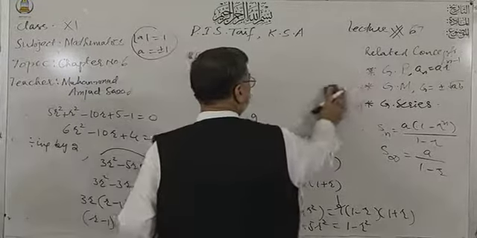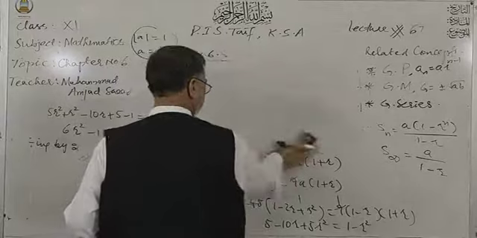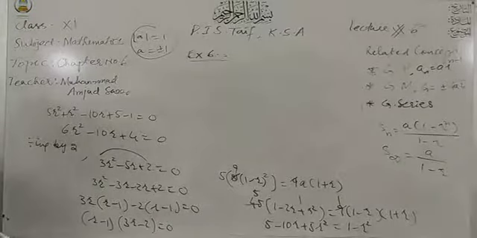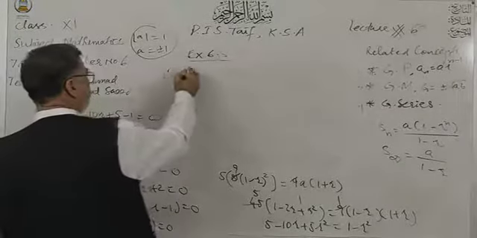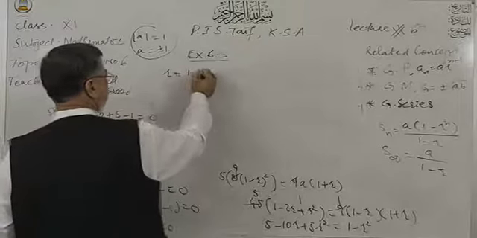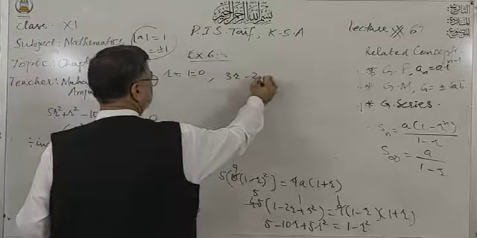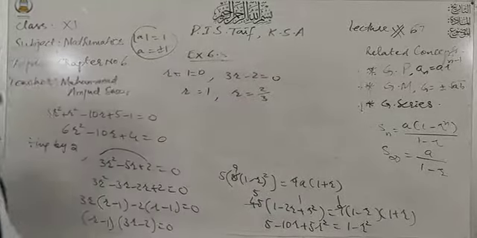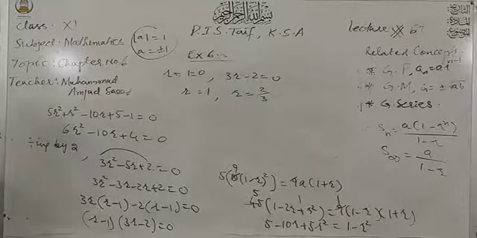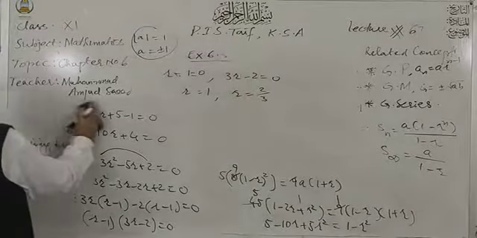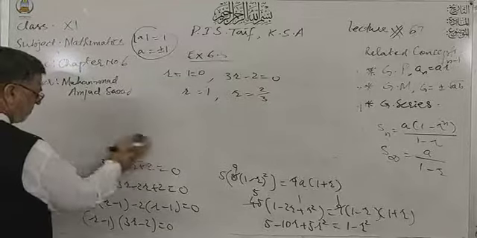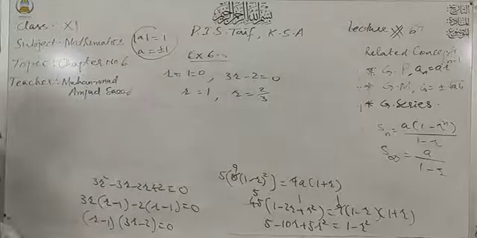So dear students, we have r − 1 = 0 or 3r − 2 = 0, so r = 1 and r = 2/3.